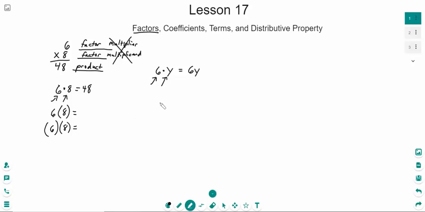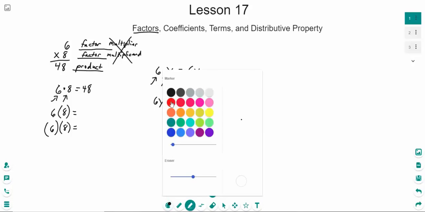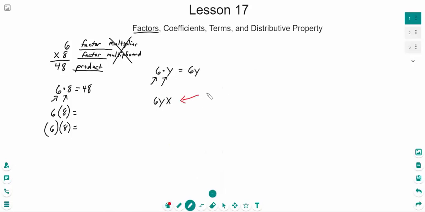Now, if we write it without the dot, such as 6y, or maybe we'll add another variable, maybe 6yx, where we have several things being multiplied by each other, this is something that we would call an indicated product. Maybe I'll write that. This is an indicated product.